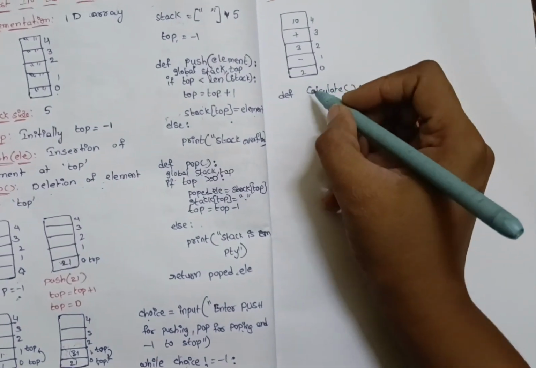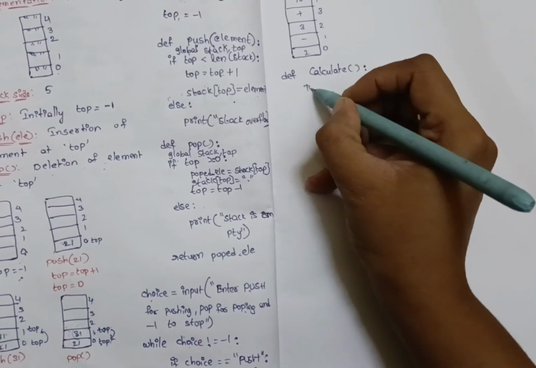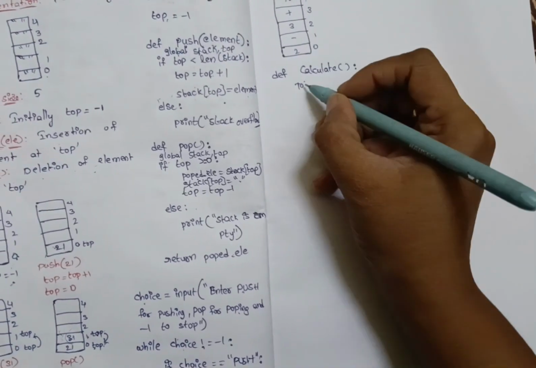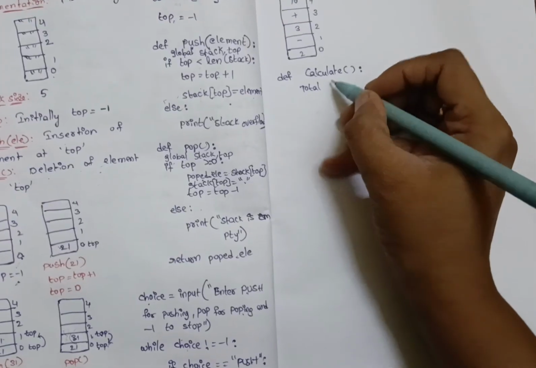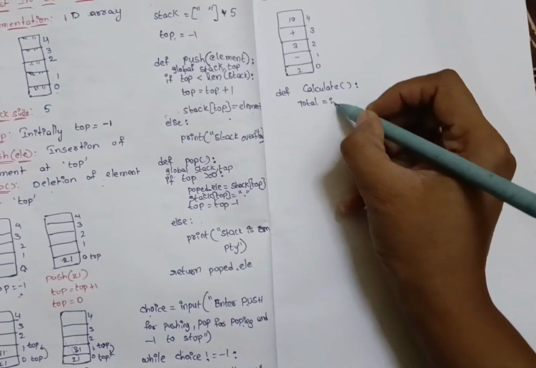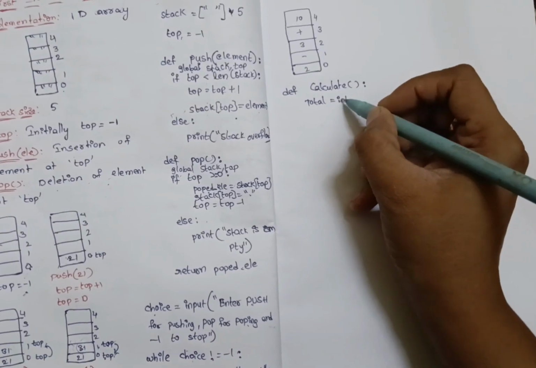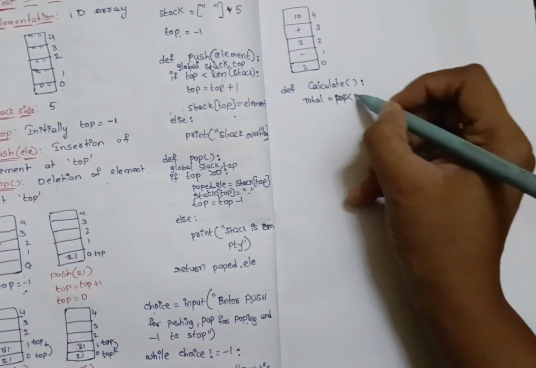Total is equal to the first popped element, which is an int. I'm just writing this as a pop.